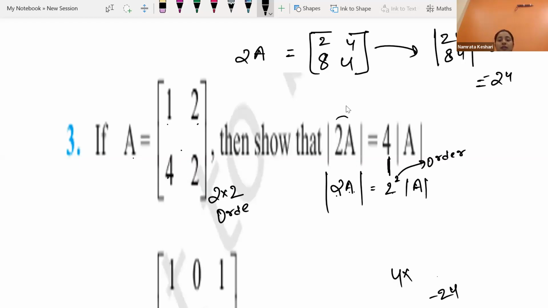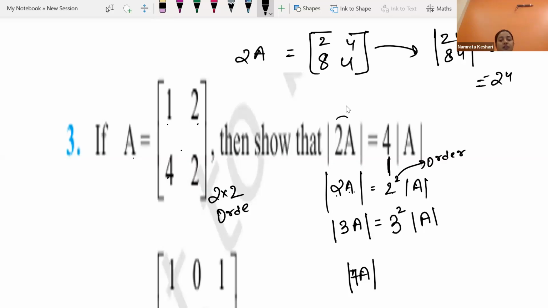So suppose 3A you are having, always you will find the result of this determinant will be same as 3 to the power 2, the order of the matrix, and then determinant of A. What I'm trying to show, Kiran, is that if you have to find the determinant of suppose 7A, that result will be 7 square times the determinant of A.